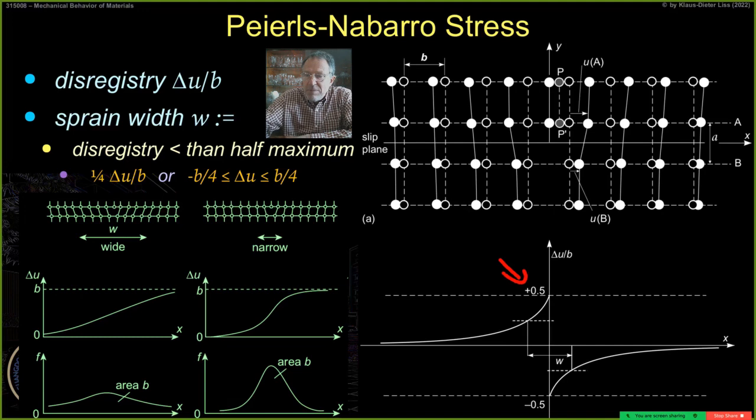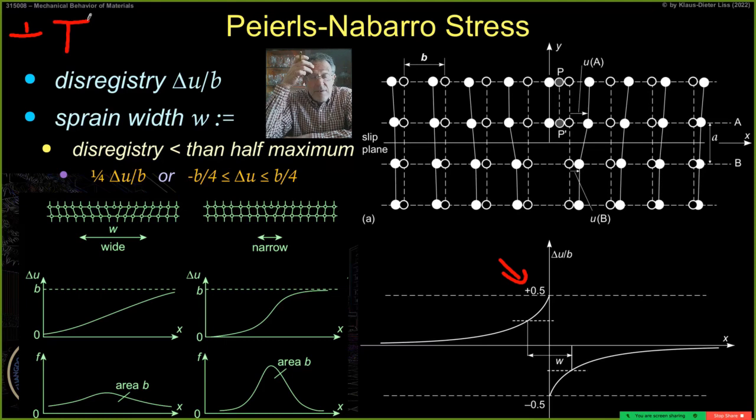If the displacement is half, then we cannot say it belongs to the left or to the right hand side. If it's larger than half, we can say it's the other. We always have in crystallography the plus minus translation vector t.